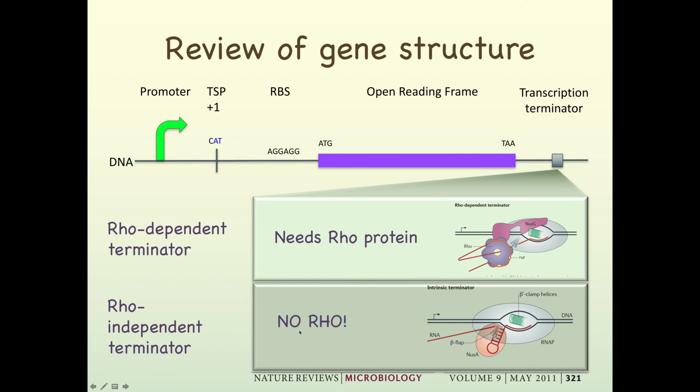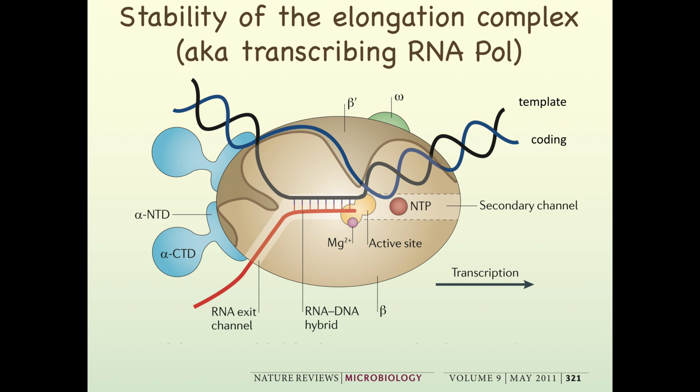So in Rho-independent or intrinsic terminators, essentially termination occurs because of a specific sequence in the RNA that allows formation of a hairpin, and this hairpin disrupts the elongation complex and terminates transcription. So let's talk about both of these methods in a little bit more detail.